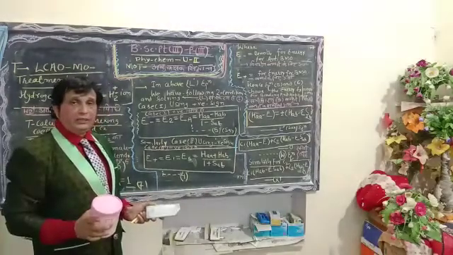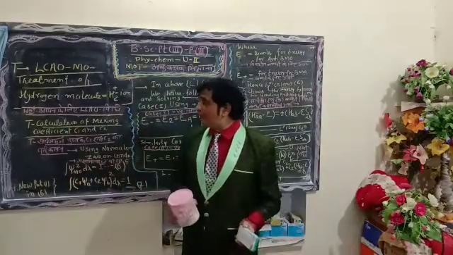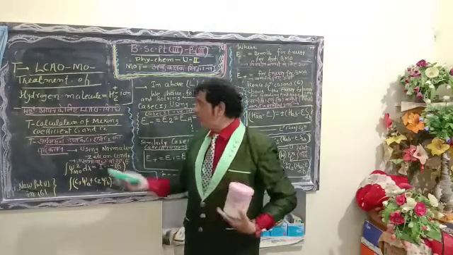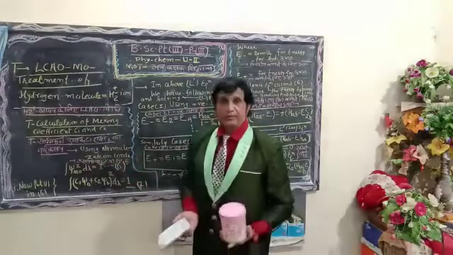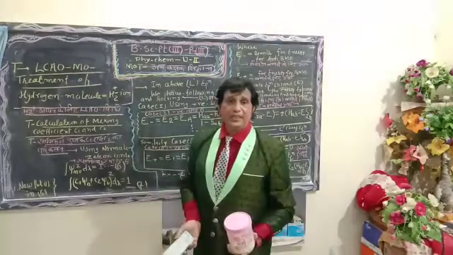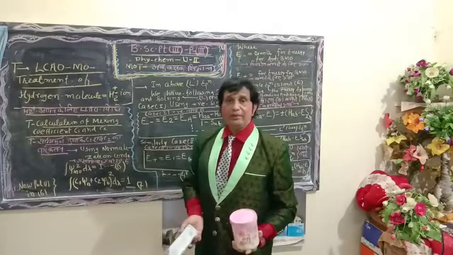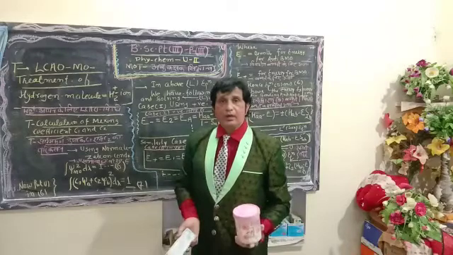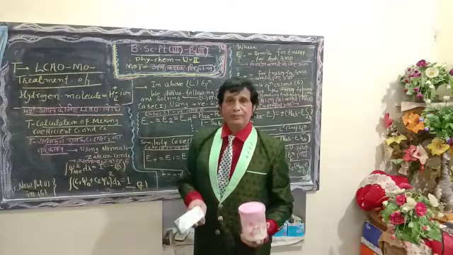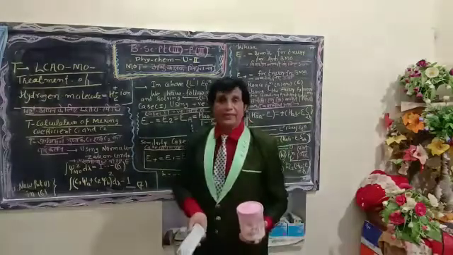Dear students, the next part of LCAO on H2 plus is the calculation of the mixing coefficients C1 and C2. The mixing coefficients C1 and C2 can be calculated by using the normalization condition. In our previous postulate of elementary quantum mechanics, the fundamental postulate is that any particle present inside an atomic species gives its multiplication in the form of the wave function equal to unity.